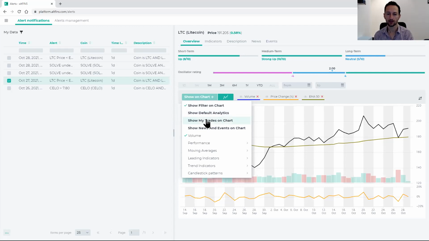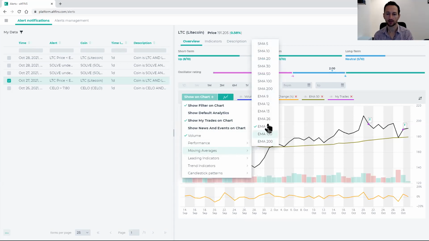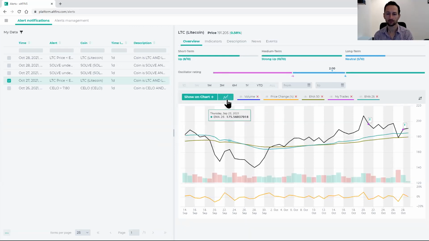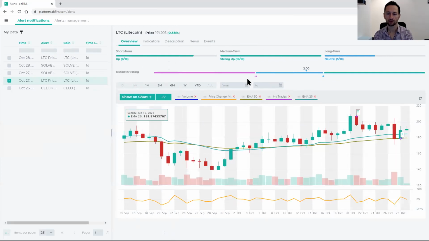Let's go ahead and look at the trades on chart as well as add the EMA 26, I believe. Yep. Recall that our signal to get involved was the EMA 26 crossing above the EMA 50. That's one of the strategies we covered early on. The crossover happened here, so the price at the time was around 170, 180.